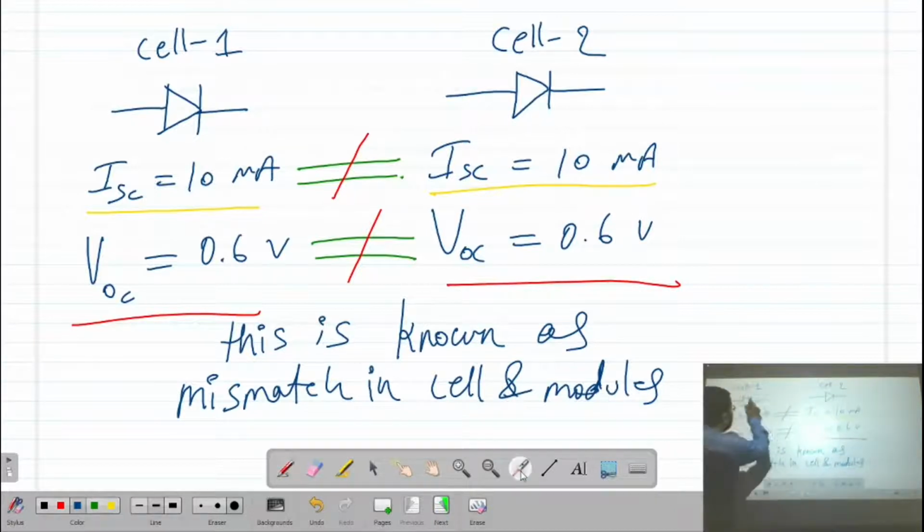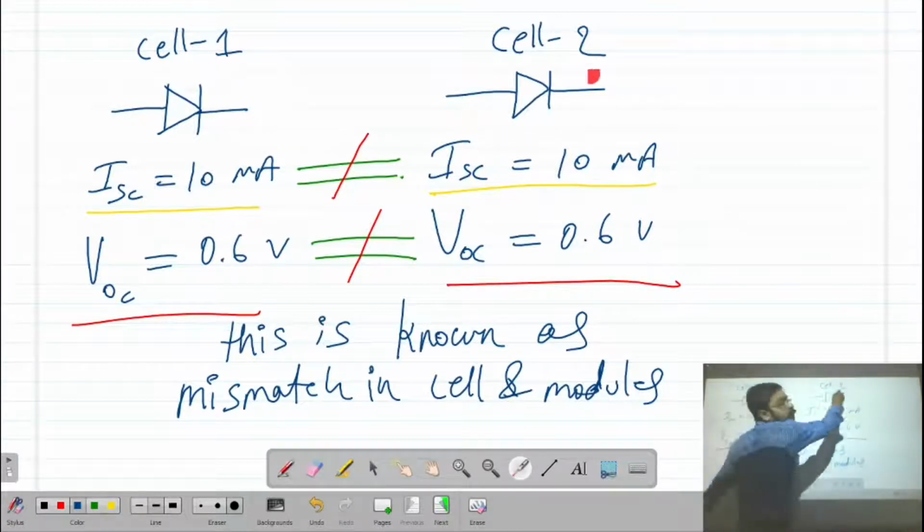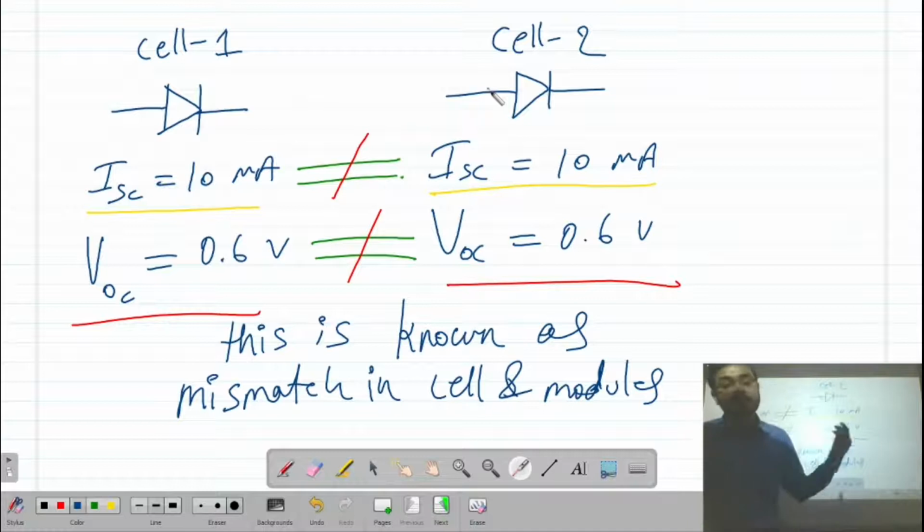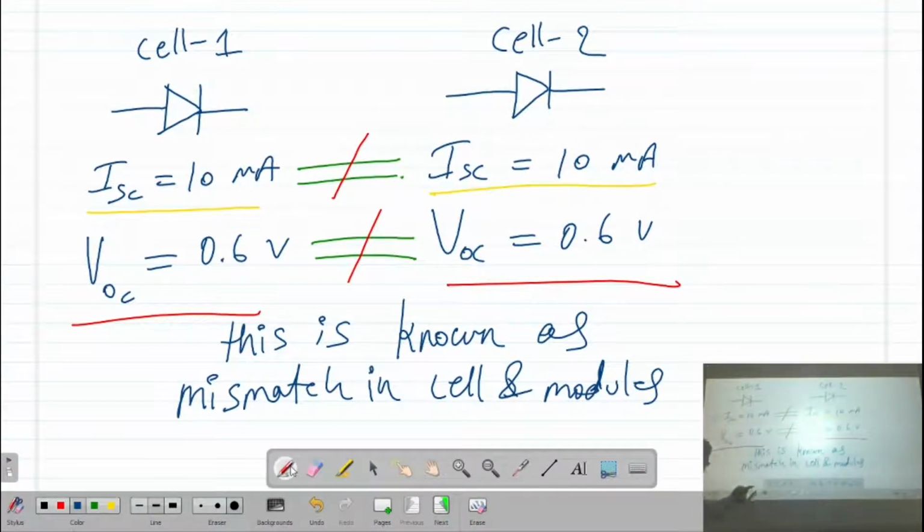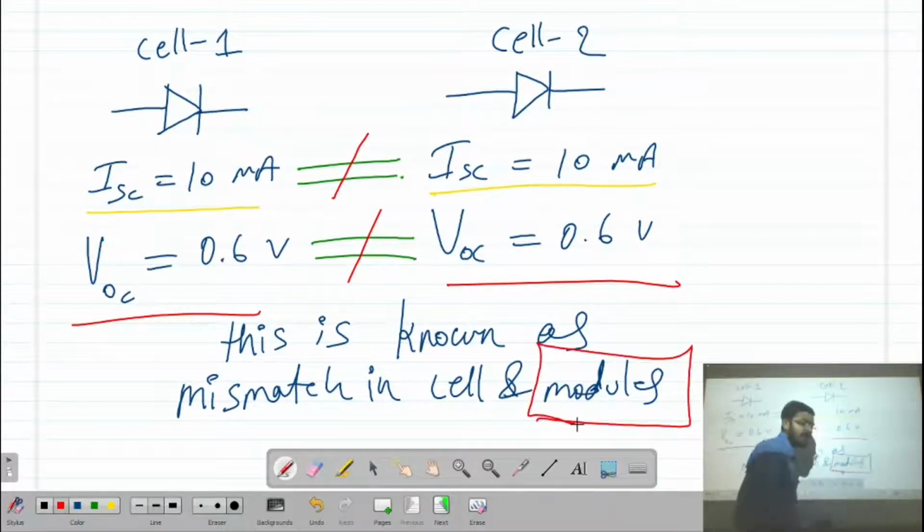We have taken an example of two cells, while this mismatch can also happen in modules and arrays also.